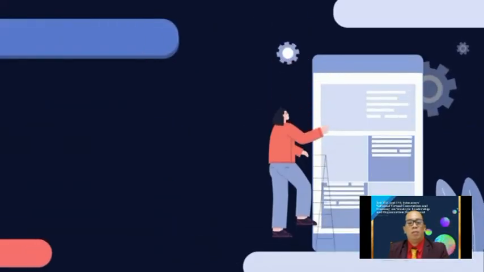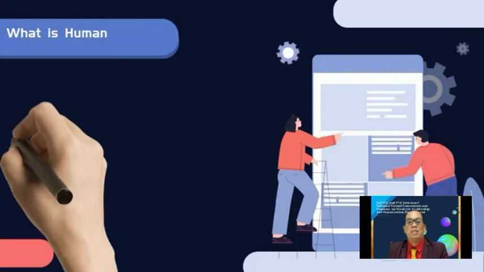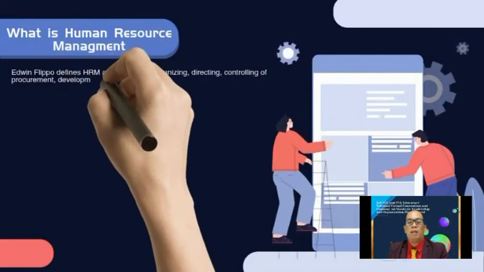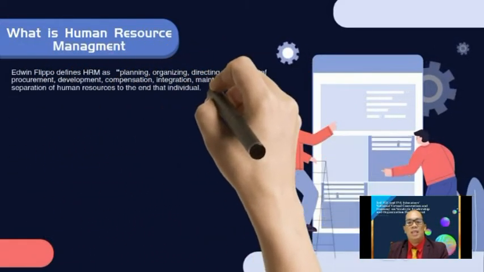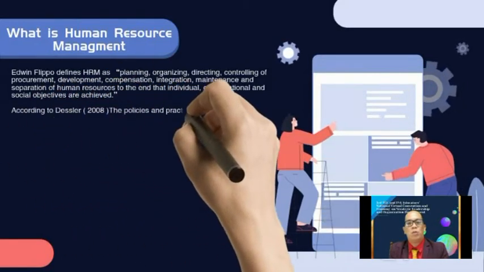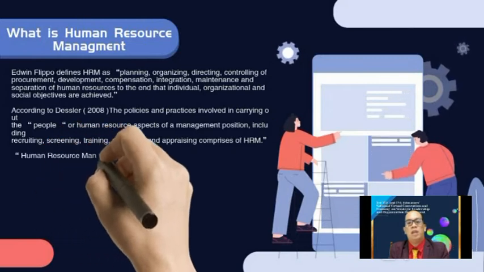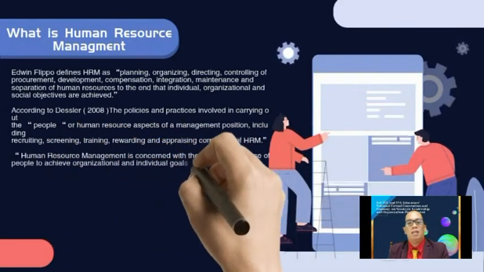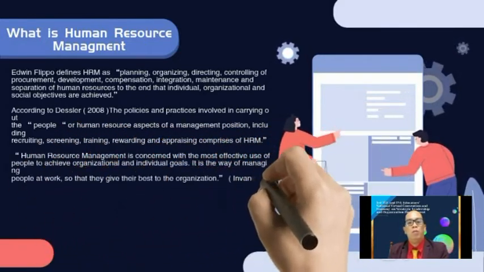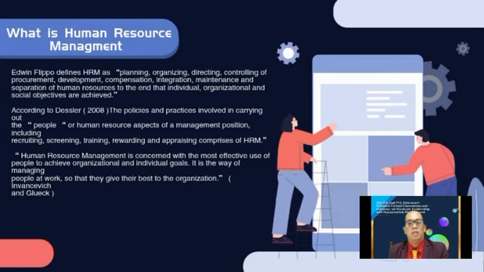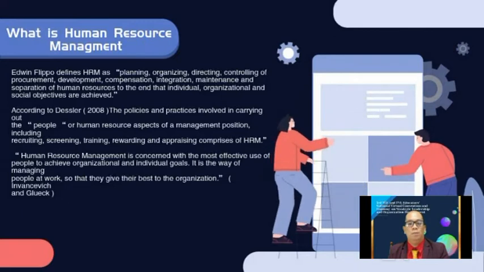Another definition is given by Edwin Filippo, who defines human resource management as planning, organizing, directing, controlling of procurement, development, compensation, integration, maintenance, and separation of human resources to the end that individual, organizational, and social objectives are achieved.